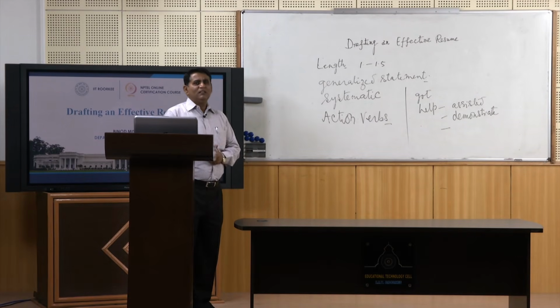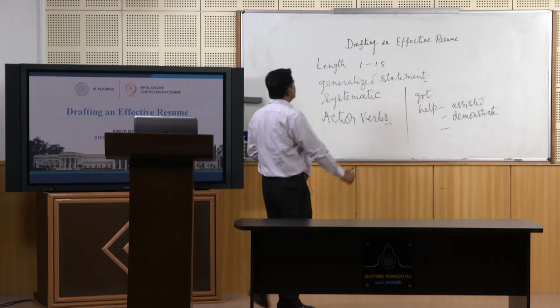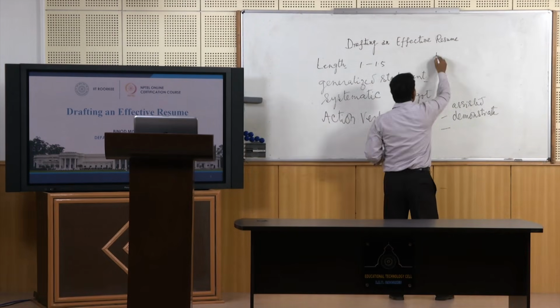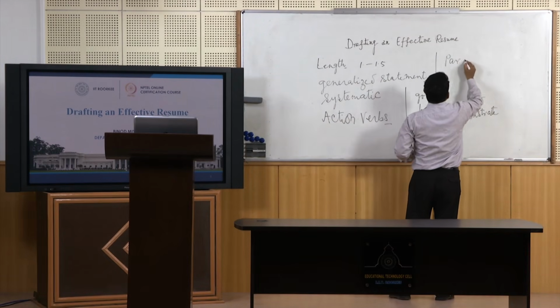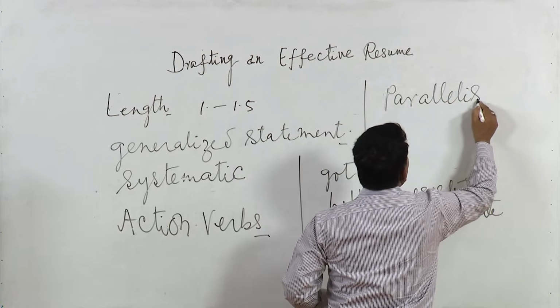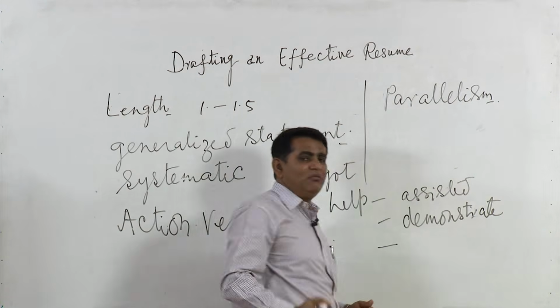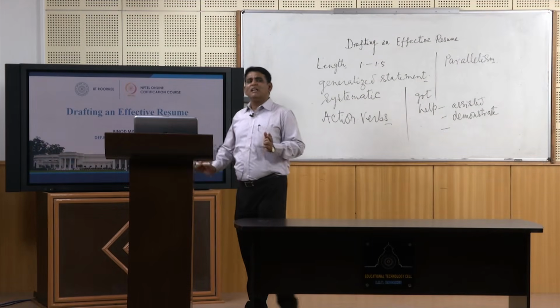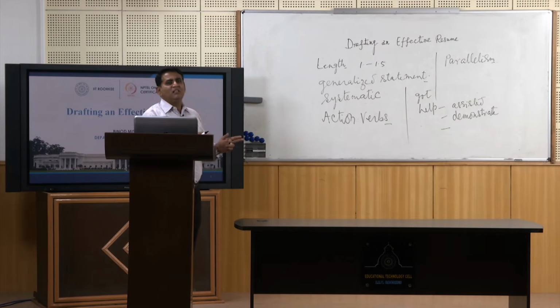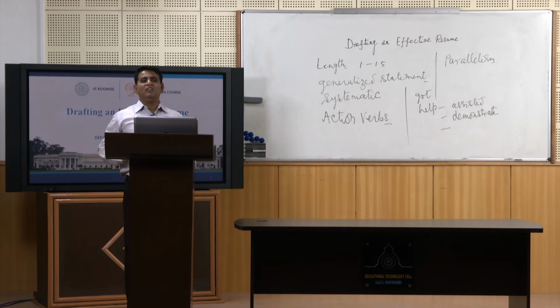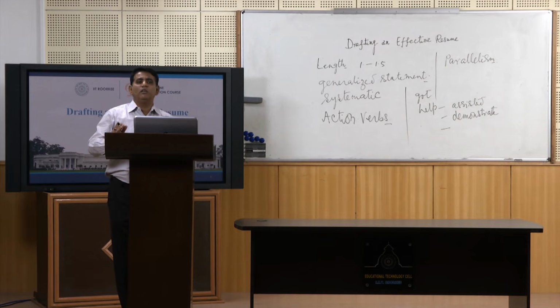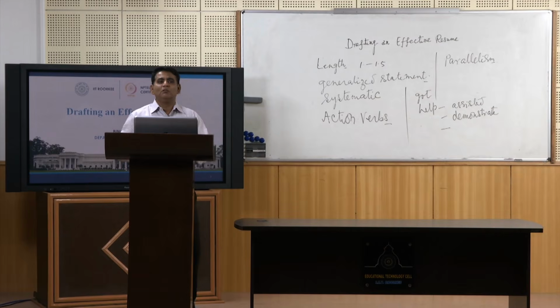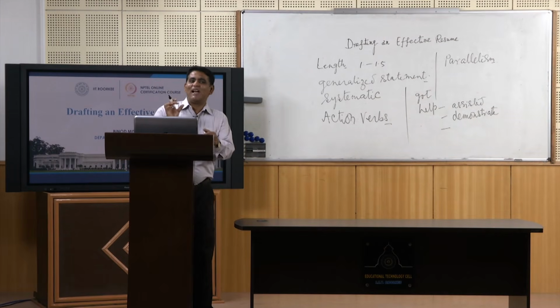Now again, when you are drafting your resume, you should be clear about the parallelism that we have talked about in several of our lectures. Now what do we mean by parallelism? Because you know, in a resume you cannot write long sentences alone, so you are going to shorten them by using action words.